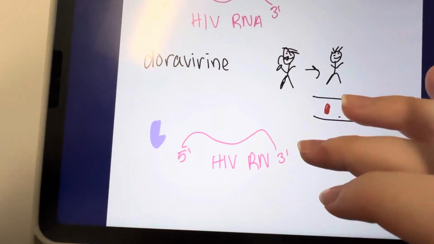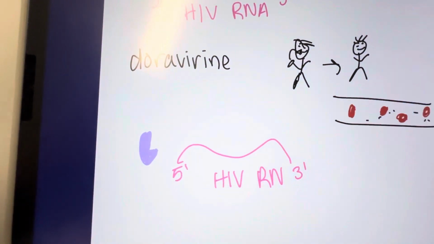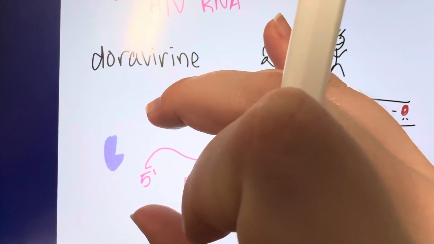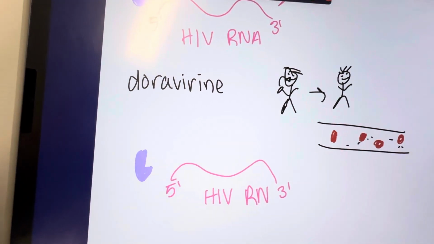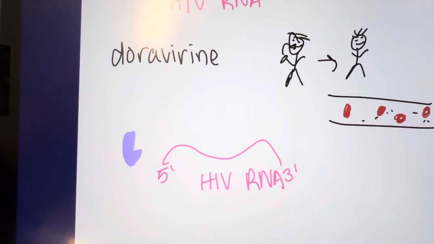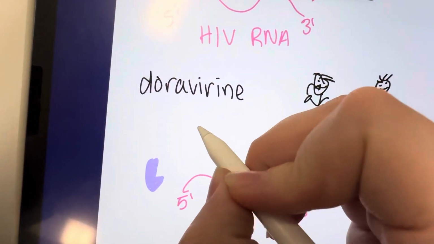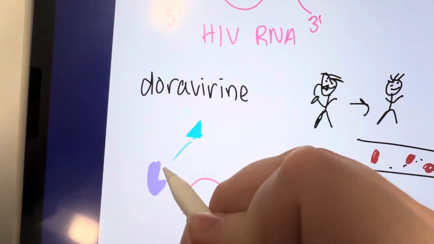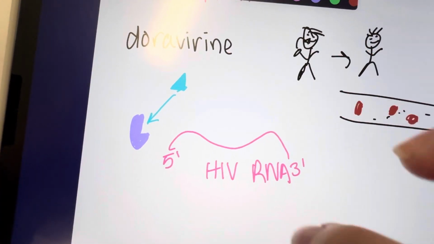So, how this differs from the tenofovir is that the reverse transcriptase is trying to go through and make a complementary strand for the HIV RNA. But with doravirine, it completely blocks the reverse transcriptase. So basically it is like this little triangle, and this is going to go into the mouth of the Pac-Man.